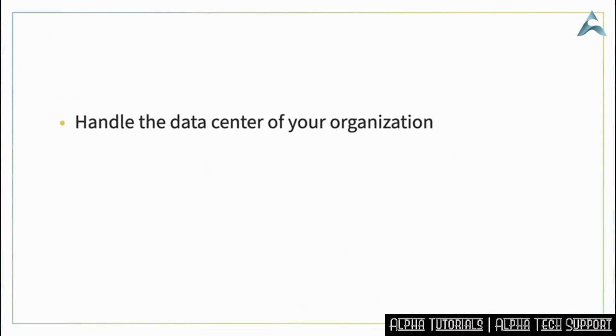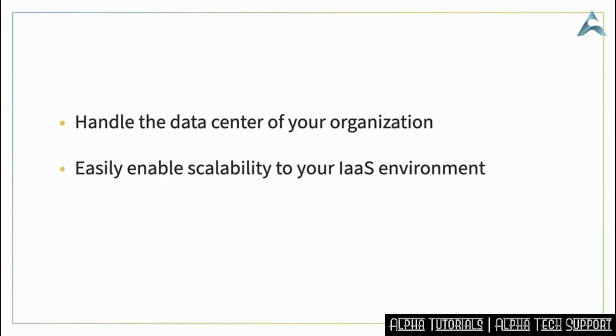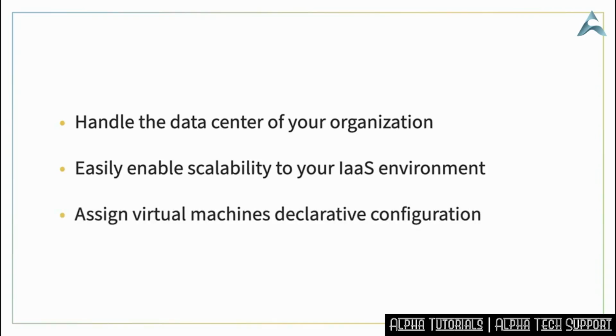You might have the responsibility to handle the data center of your organization having thousands of servers, where you wish to quickly and easily enable scalability to your IaaS environment from a central and secure location, or may want to assign your VMs declarative configuration. Why? So that the VMs are compliant with the desired state as per the organizational policies. And this is where Azure Automation State Configuration comes to the rescue.